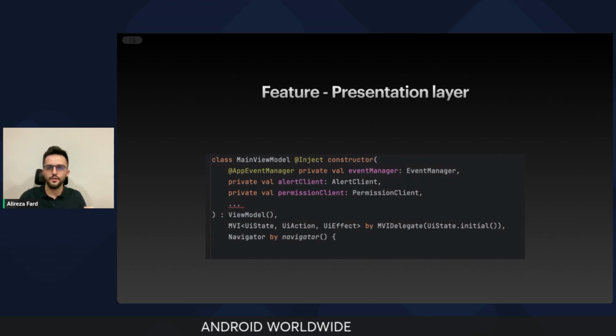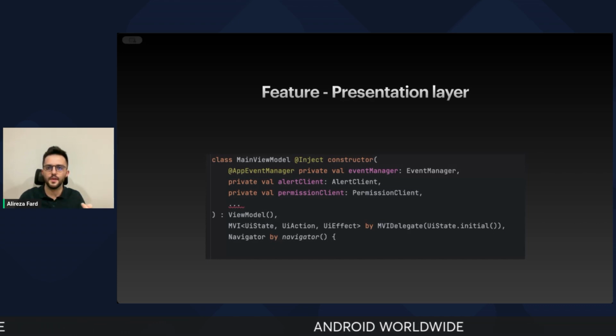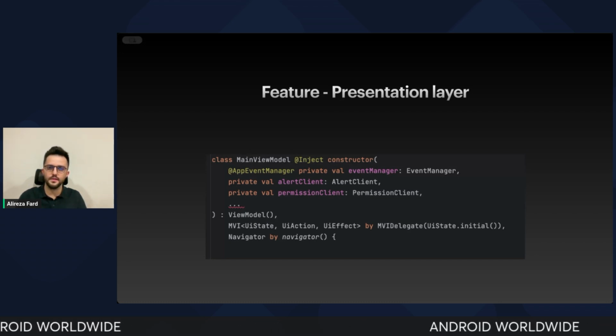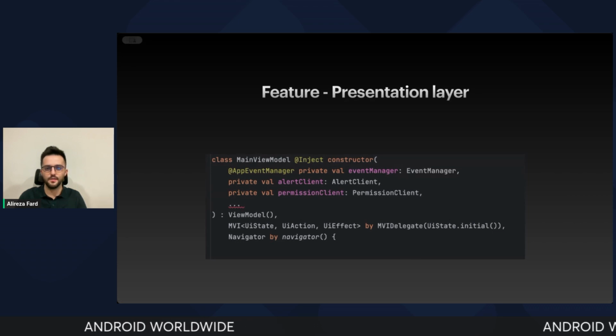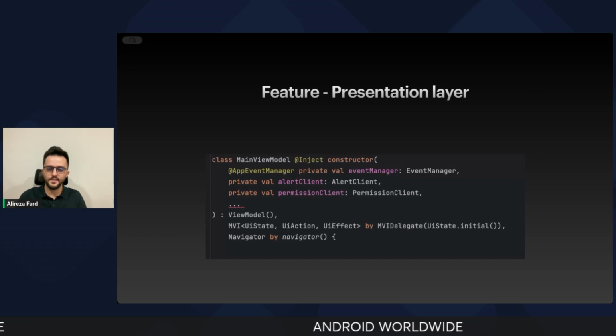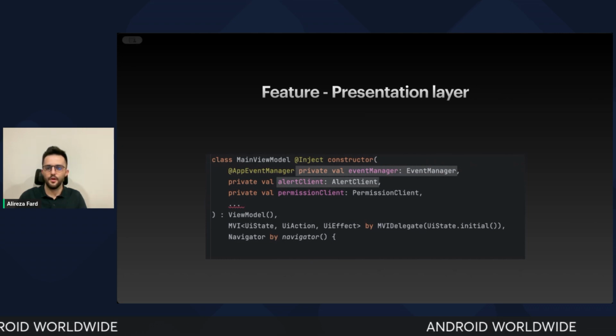In this scenario, imagine we have a module for sending our events to third-party services like Firebase or any analytic SDKs, and we want to show a toast or dialog to our users, and we want to show a permission to our users. We need to navigate between two pages from our feature module. In that case, we just need to inject all the plugins or all the libraries we want.